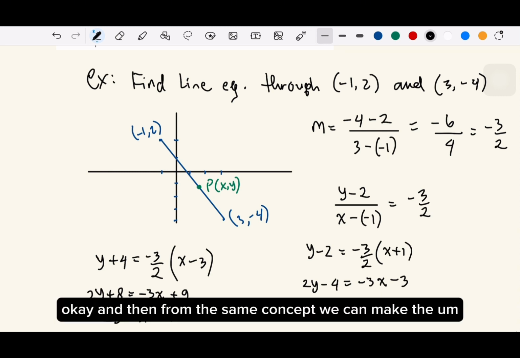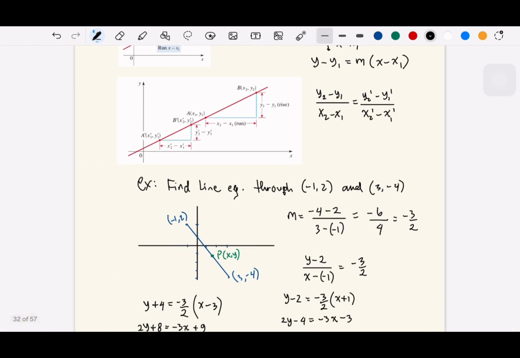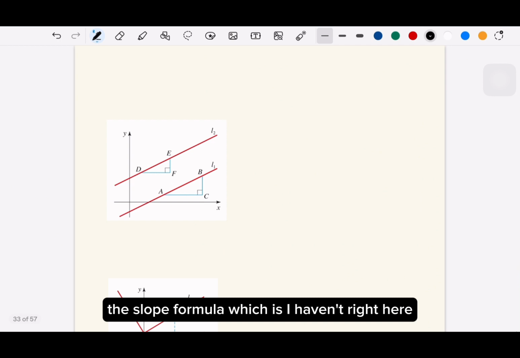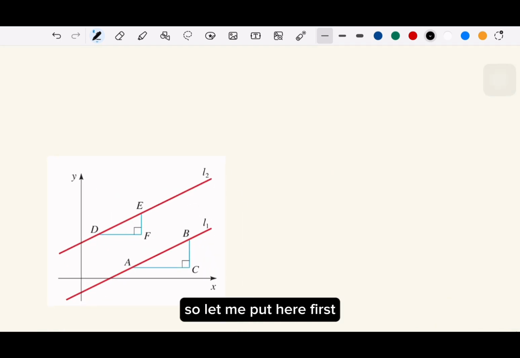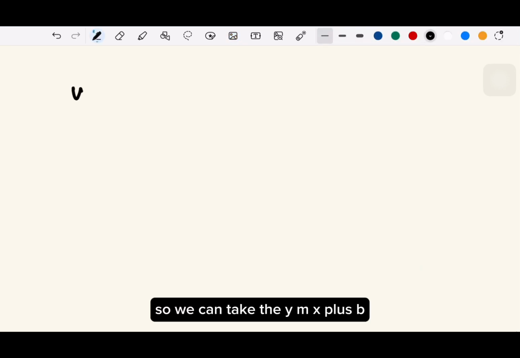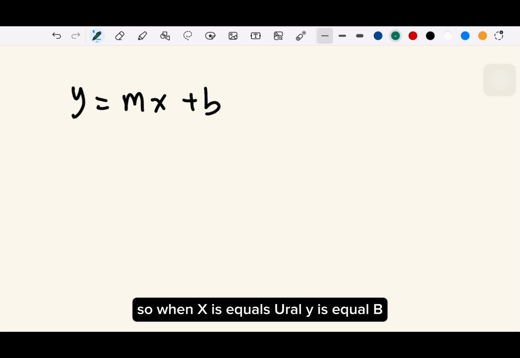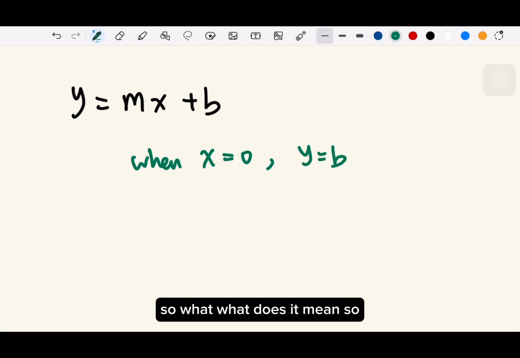From the same concept, we can make the slope formula, which I have right here. So let me put it here first. We can take y equals mx plus b. What does it mean? When x is equal to 0, y is equal to b.